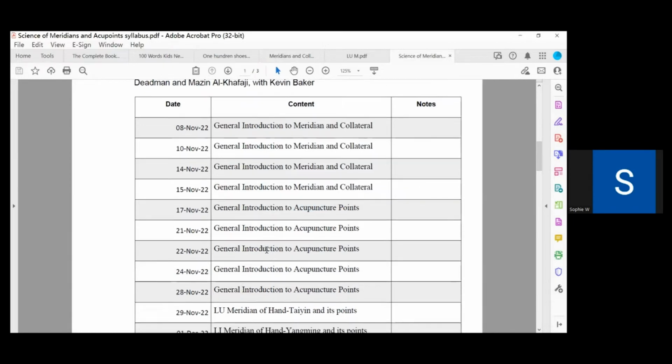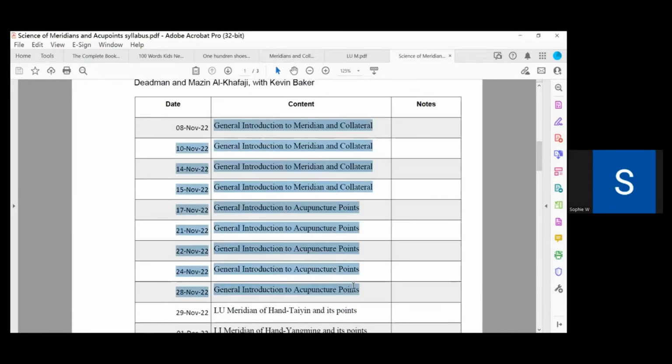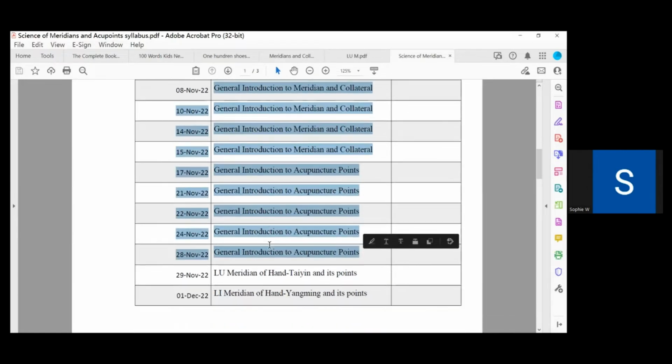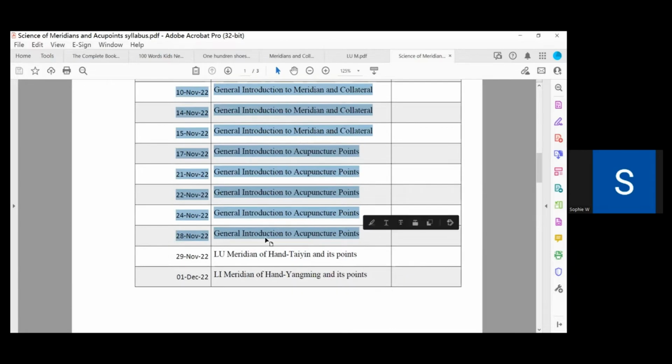This introduction part is the most important part. Unlike other courses, where the introduction is not that important, for this course the introduction part is very important.